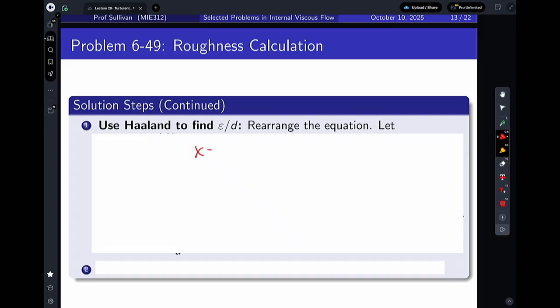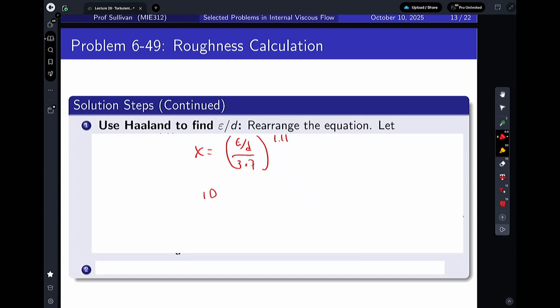So for a smooth pipe, or sorry, not for a smooth pipe. This is not a smooth pipe. I hope I wrote that.